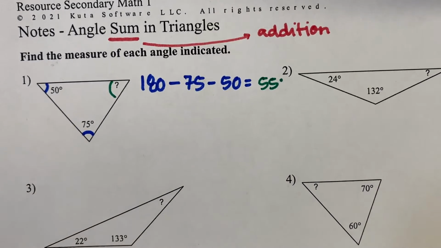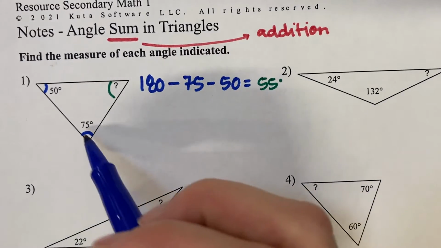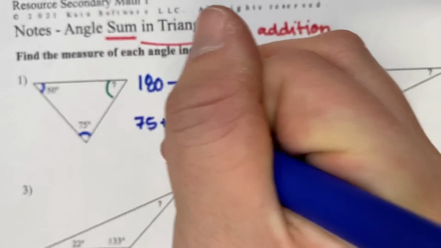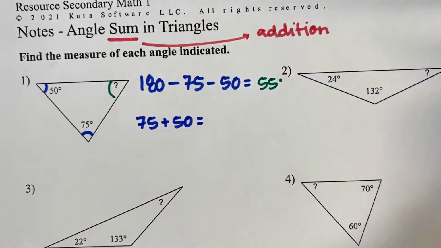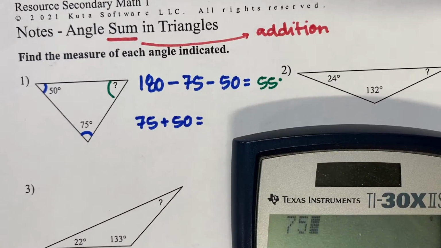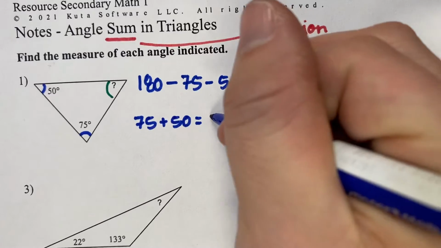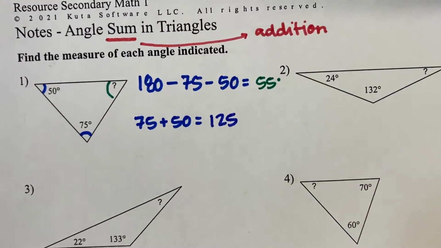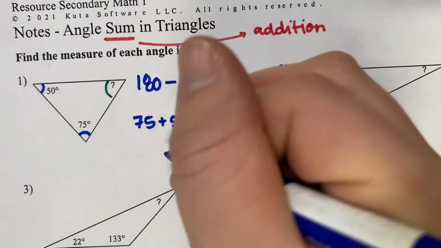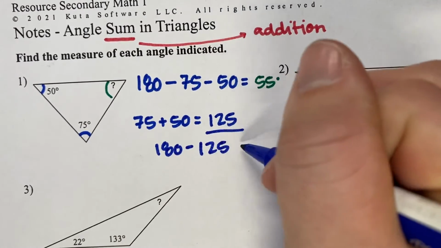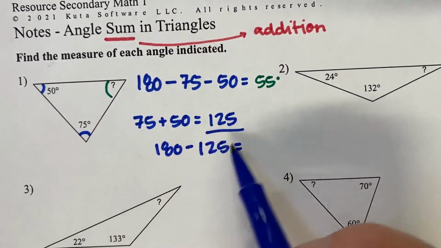Now let's use addition. Let's add up the two angles that it gives us. 75 plus 50 gives me 125. Now we can take 180 and subtract those two angles.